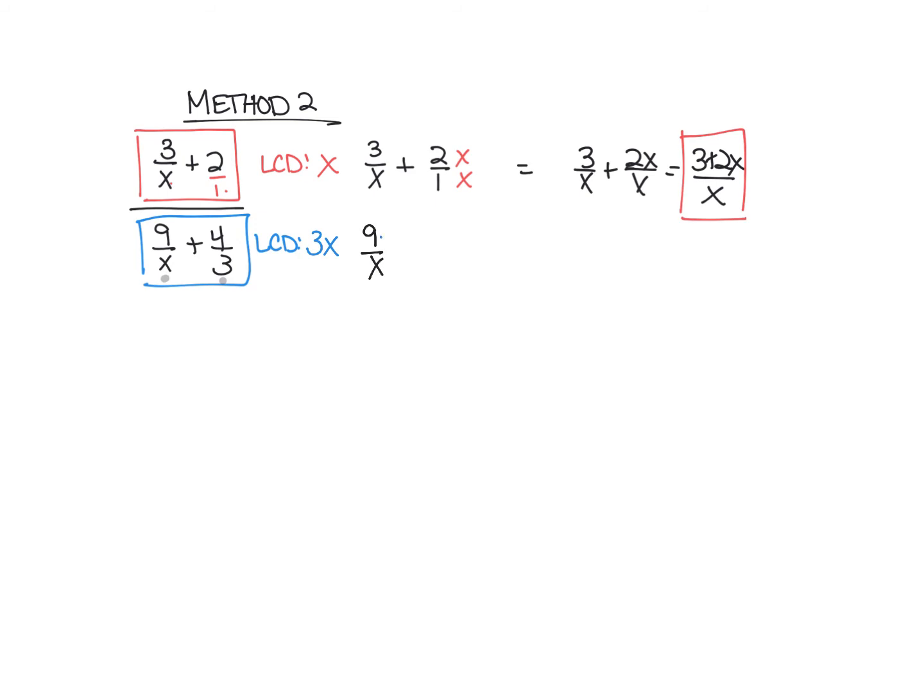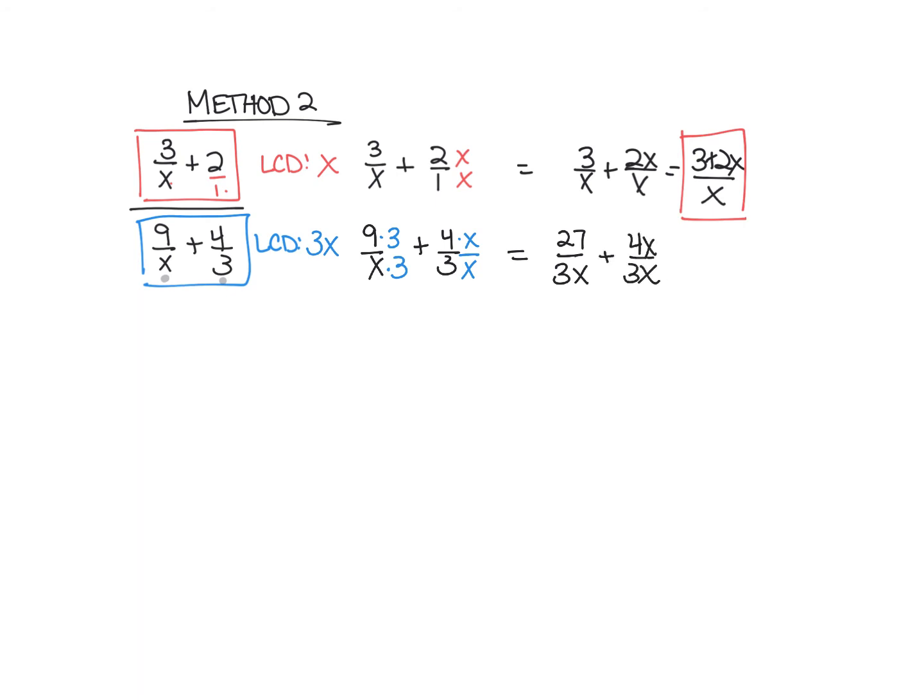Well, for this first fraction, I'm missing the 3. And in the second fraction, I am missing an x. So I'm going to multiply this by x over x. And when we do that, I get 9 times 3 is 27 over 3x plus 4x over 3x.